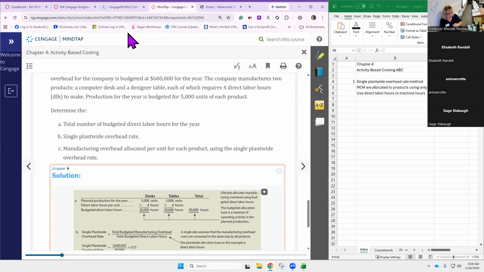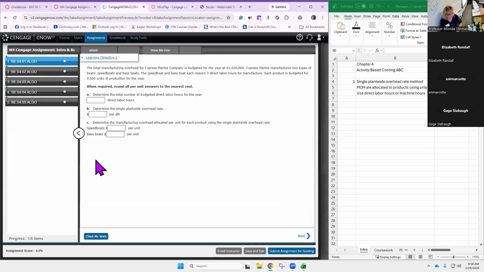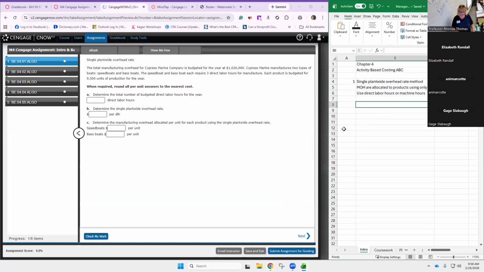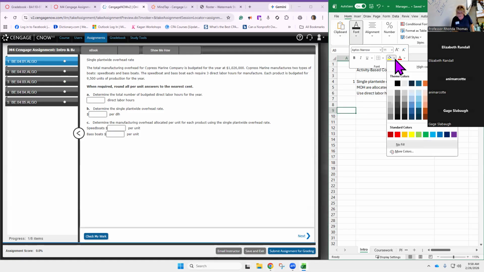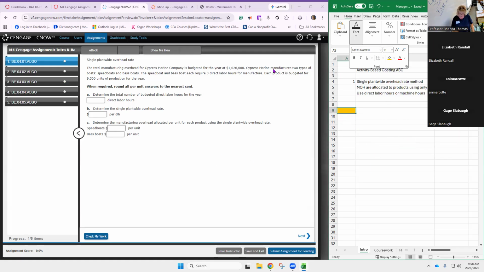And so now let's go open our first problem and see if we can make our way through this. Like I said, I have not done these yet, and that's okay. The first one we're working on is the single plant-wide rate. Let me put number 1 here. Let's read it and see if we can start applying those techniques.